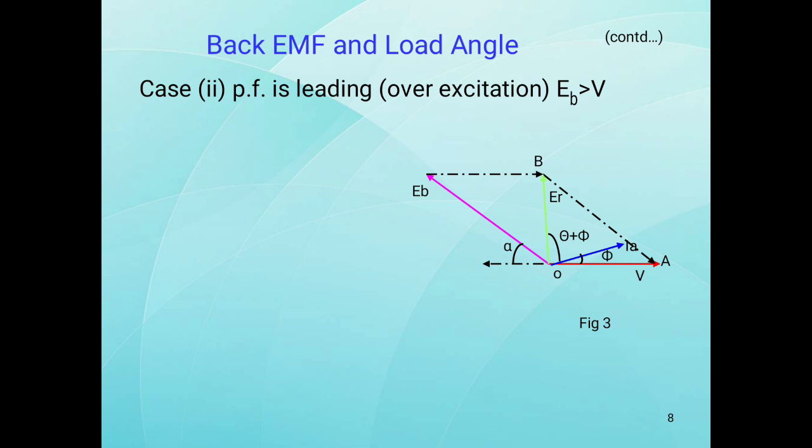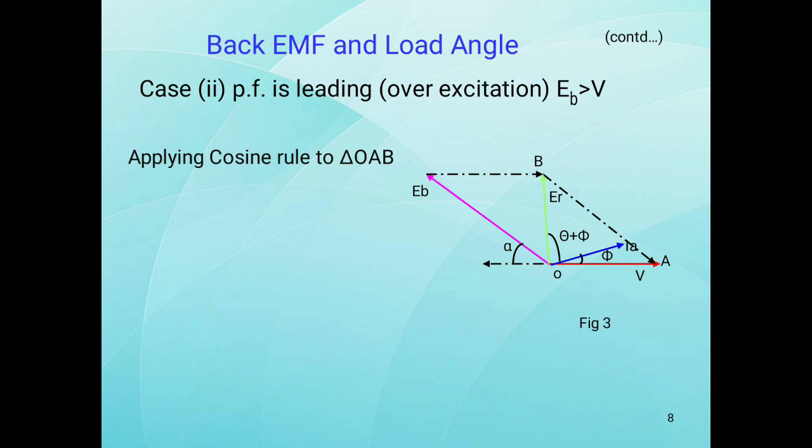Now in case 2, what is the back EMF equation and the load angle? Here the power factor is leading, that means over excitation. Here EB is greater than V. Applying the cosine rule, the current is leading by angle phi.